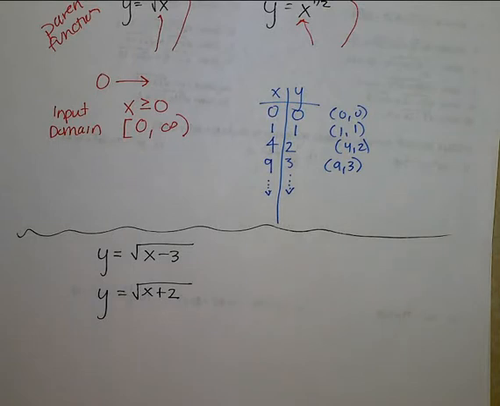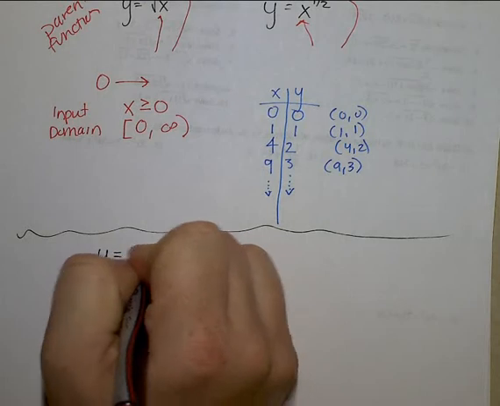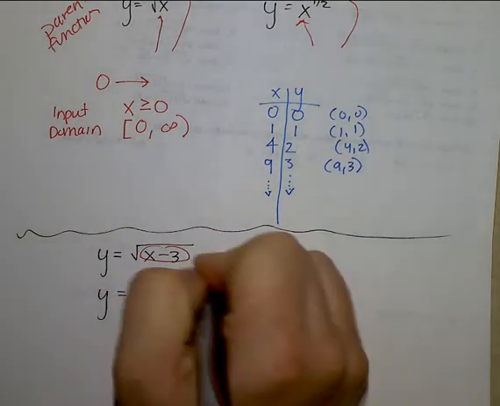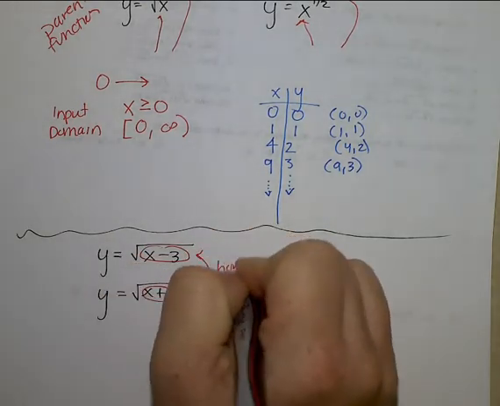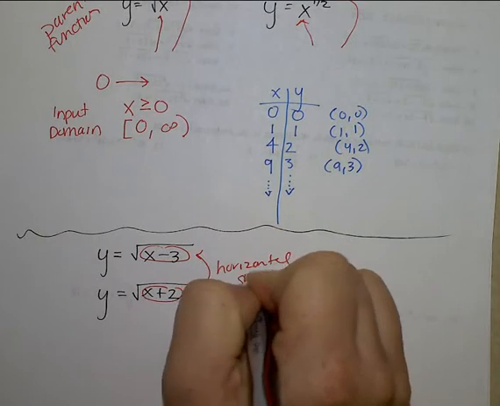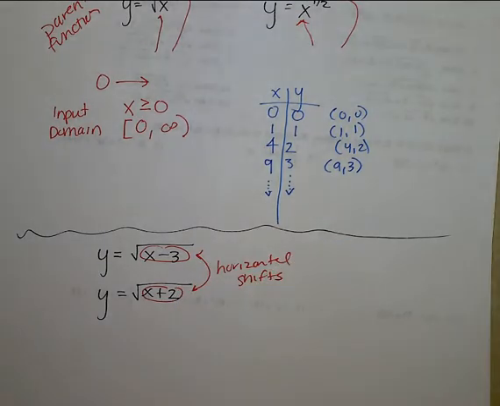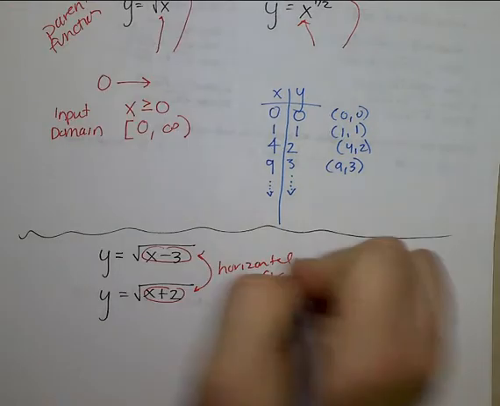Okay, inside the radical represents a horizontal shift. These are horizontal shifts. And just like you previously learned last semester, when you see a subtract 3, instead of moving to the left 3 like you'd think, this is going to be to the right 3.